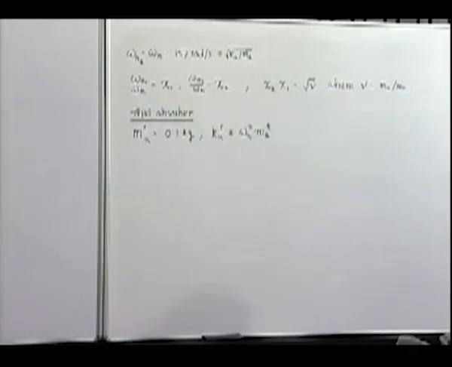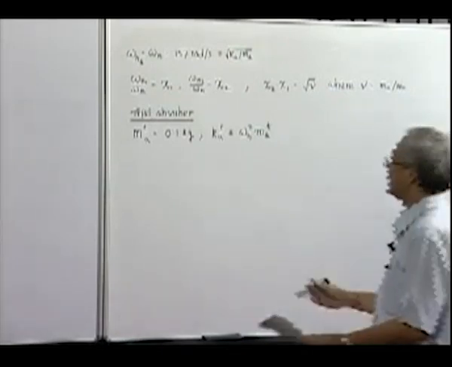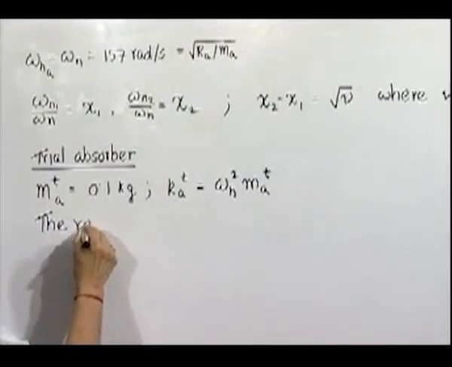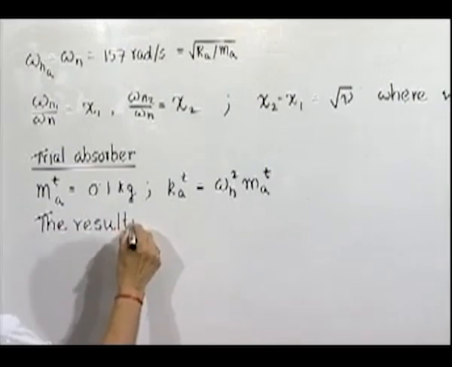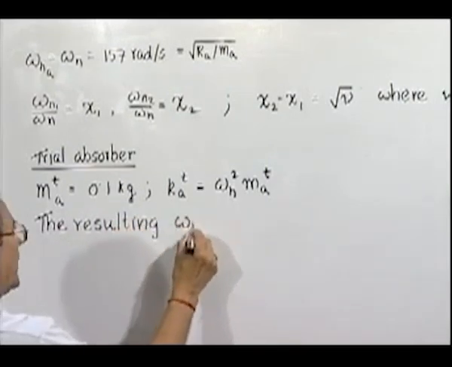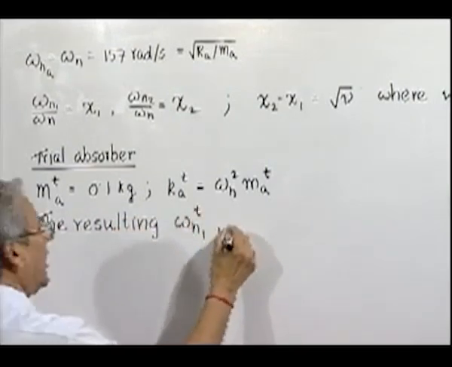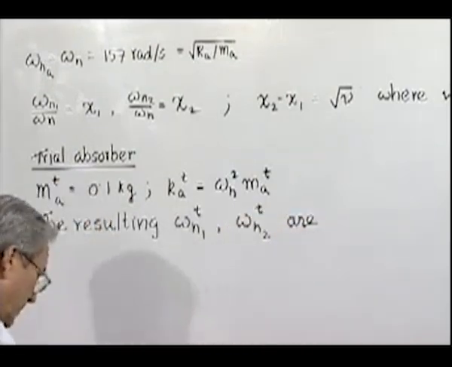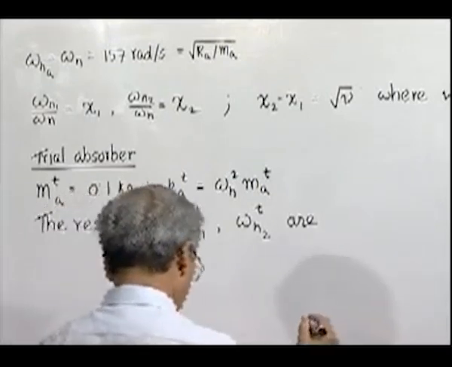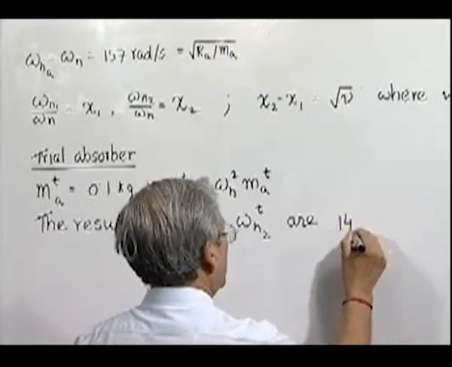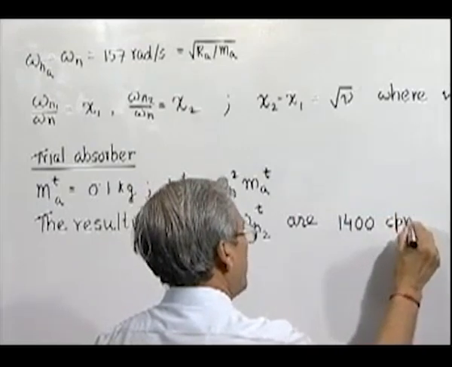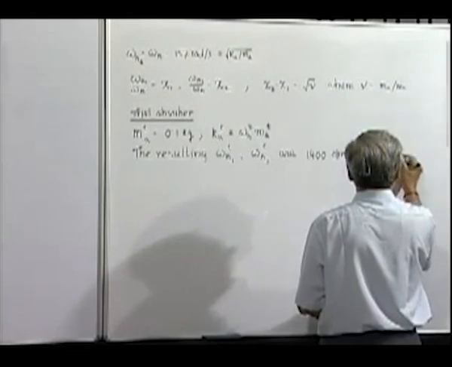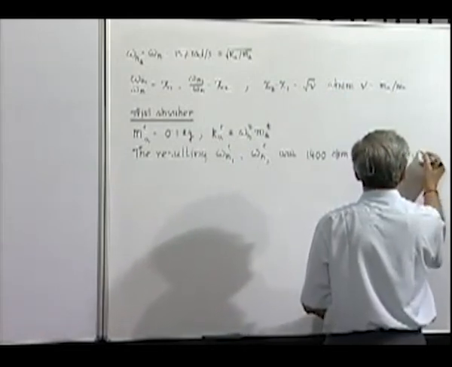We also know that once we attach this trial absorber, the resulting omega n1T and omega n2T are 1400 rpm and 1607 rpm respectively.